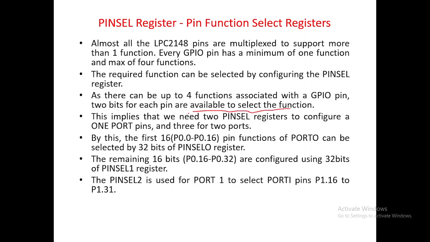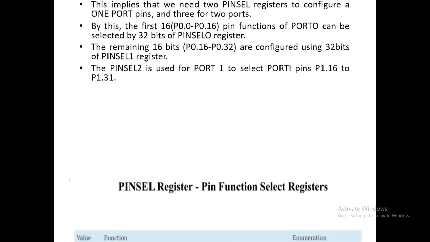So here we are going to see the pin select registers. The first 16 bits of port 0 use pin select 0. The remaining 16 bits of port 0 use the pin select 1 register, and for port 1, the pin select 2 register is used to select the port 1 pins from 16 to 31.